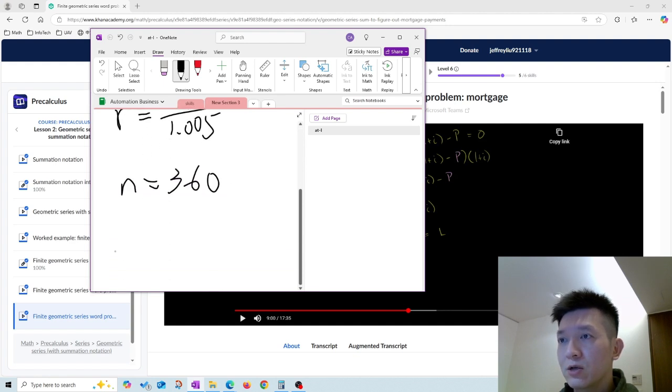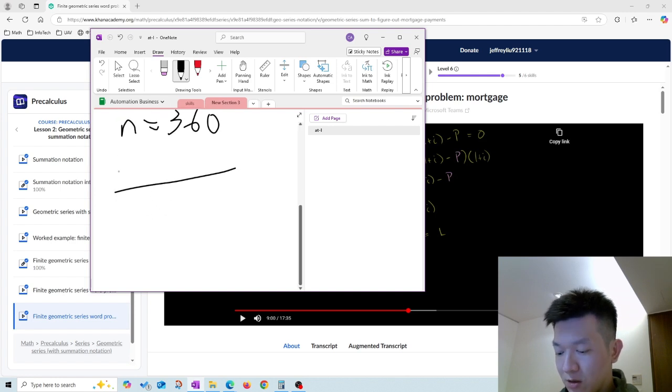So altogether, you can apply your formula for the summation of the series. P divided by 1.005, that's your first term, times 1 minus your rate, which is 1 over 1.005, to the power of 360, over 1 minus your rate, which is 1 over 1.005.